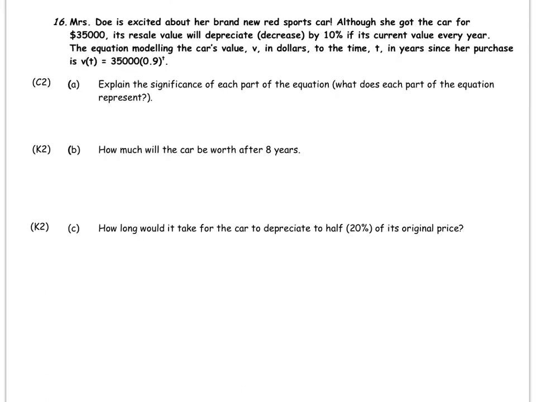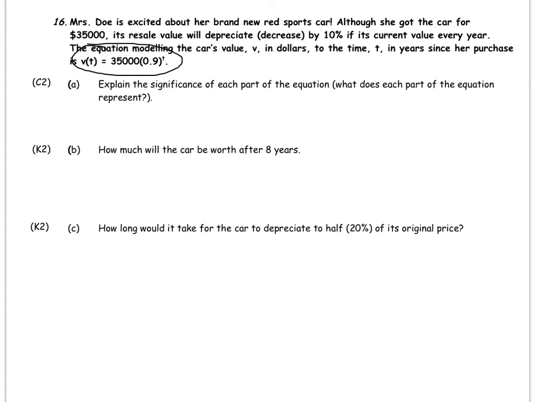The next question is about the car, which the initial value of the car is 35,000, and the resale value depreciates or decreases by 10% of its value. The equation is given by this formula. V of t is 35,000 times 0.9 exponent t.